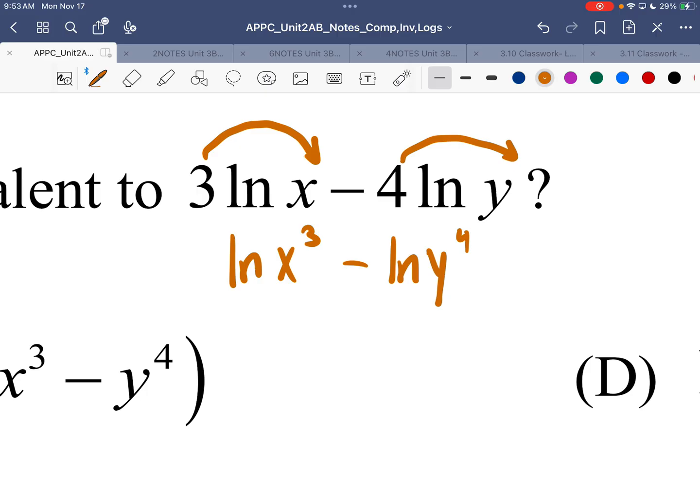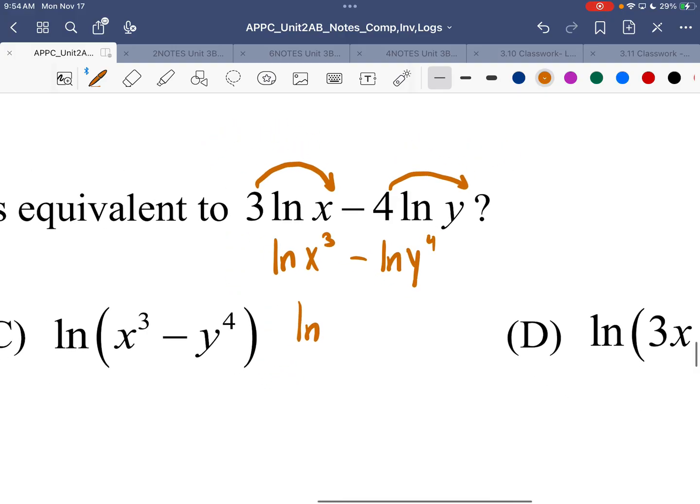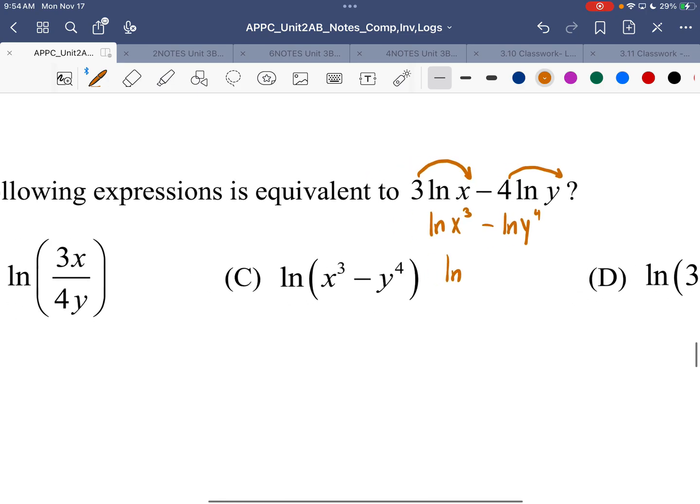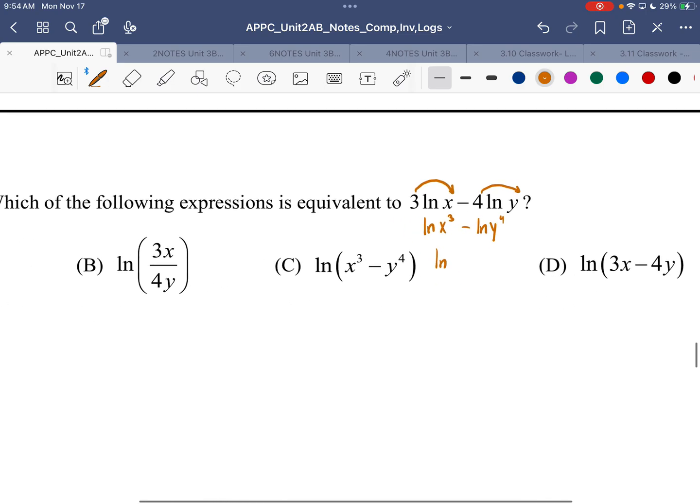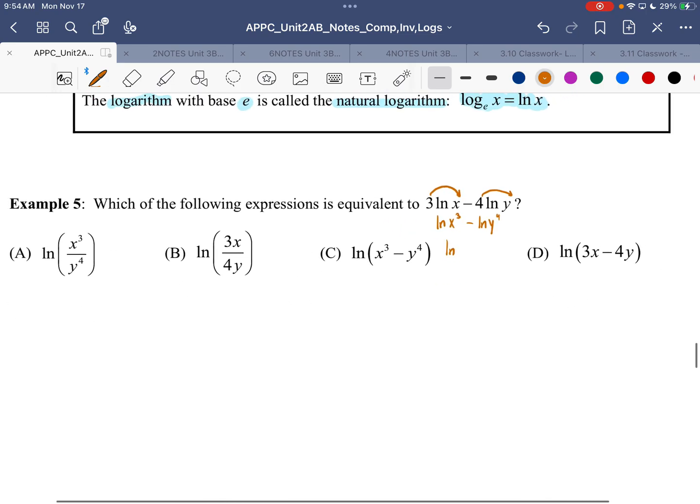Because if you divided the x and the y first, what would you be doing with the 3 and the 4? Would you be dividing them? Would you be subtracting them? Like, we don't know. So move them first. And now, what's going to be in the numerator? X or y? X, and then the y is in the denominator.